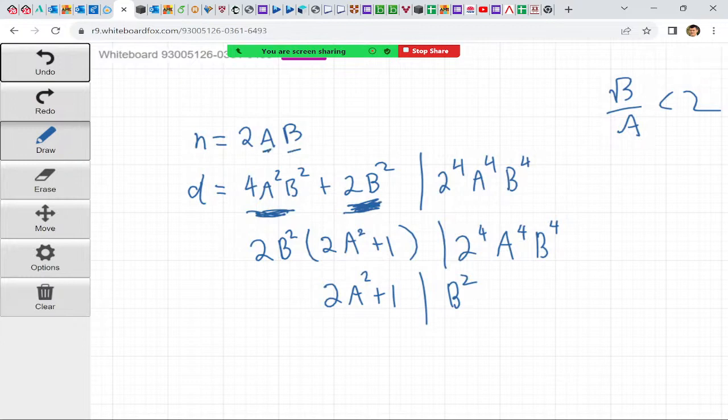So it's b on a. Times it by b on a, so this has to be less than 2. You divide those, so then b squared has to also be less than or equal to 4a squared. So for that to work, b squared actually has to just equal 2a squared plus 1.